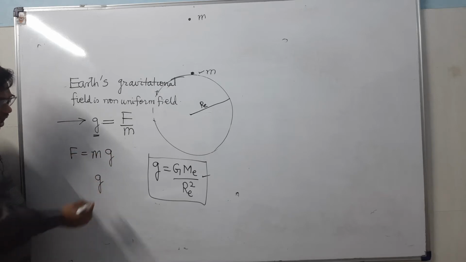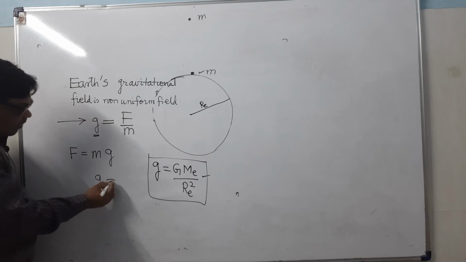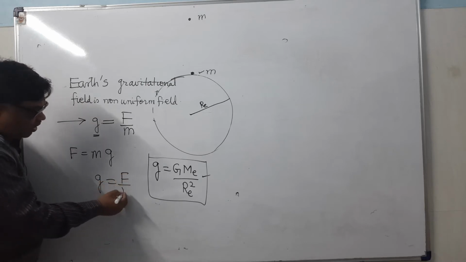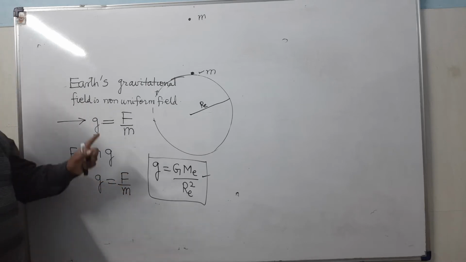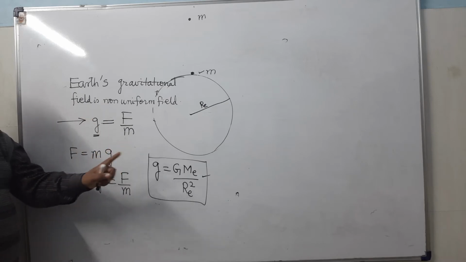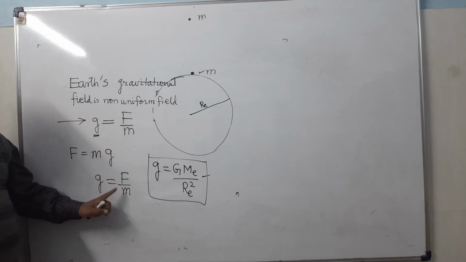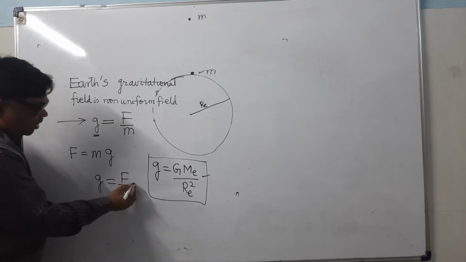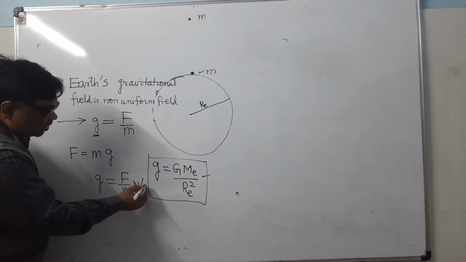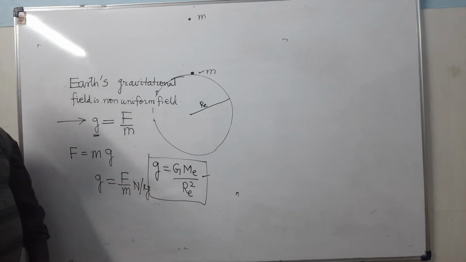So we can describe g in the other way, F upon m. It is the gravity force, meaning the force exerted by the Earth on a body of mass 1 kg. Its unit will be Newton per kg.